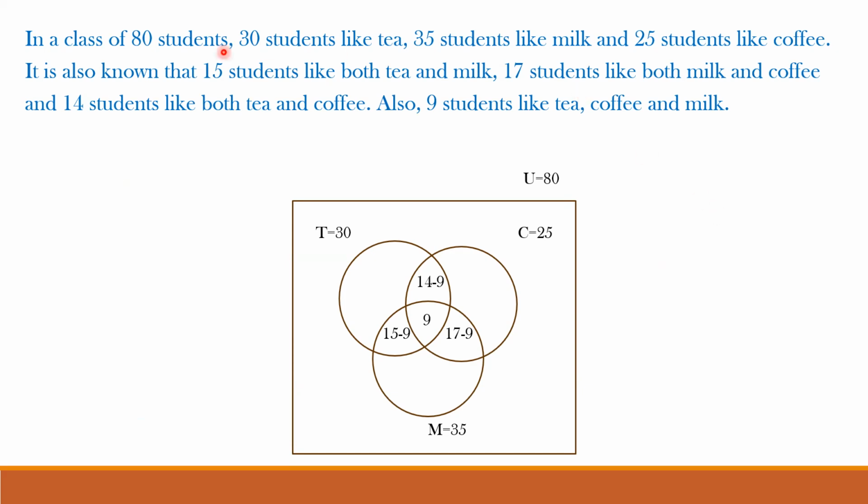Okay. So what have they given? Three different categories, or three different groups known as three different sets. So what is it? Tea, coffee, and milk.